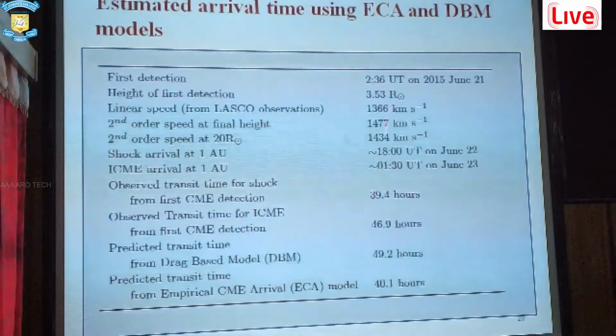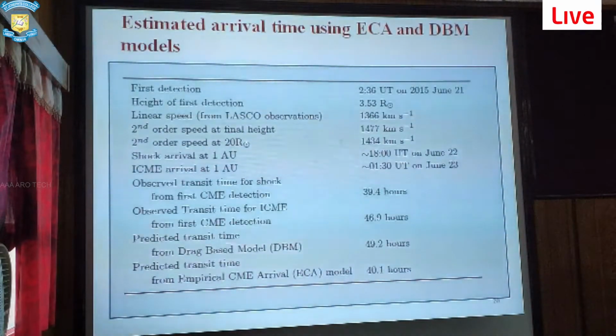So further we use one theoretical model. Here you see the first observation date of the CME. This is the exact date. This is 3.53 solar radii. Do you know the distance between the Sun and Earth in terms of solar radii?